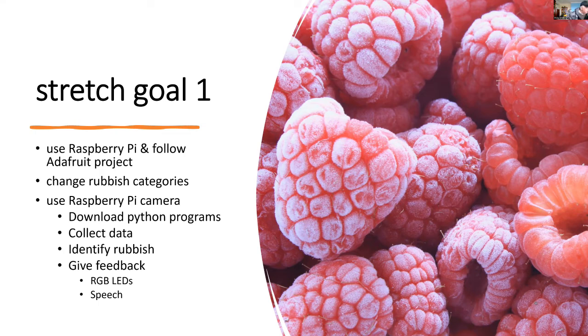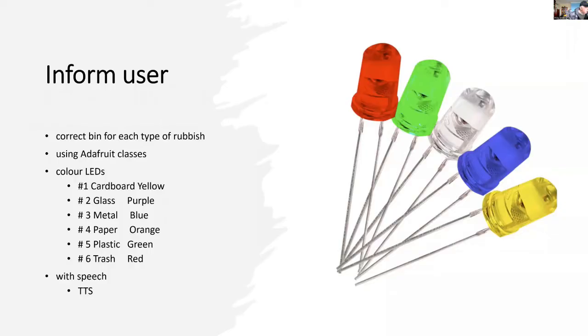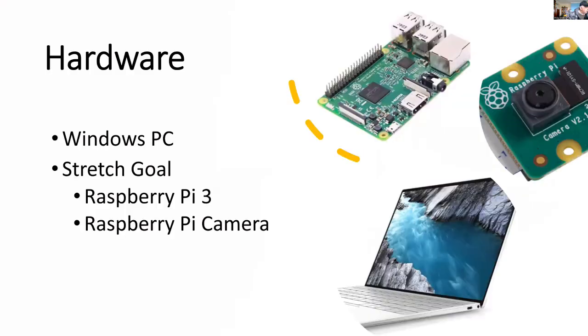You can change the categories, and on the Raspberry Pi, we also need to download the Python program. We need to collect the data, identify the rubbish, and give feedback. And 2 methods for feedback. We'll be using the LEDs with different colors for the different categories. And we'll also use text-to-speech to inform the user which bin they should put it in.